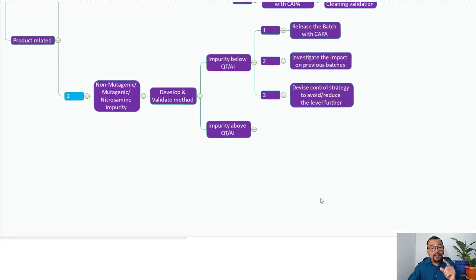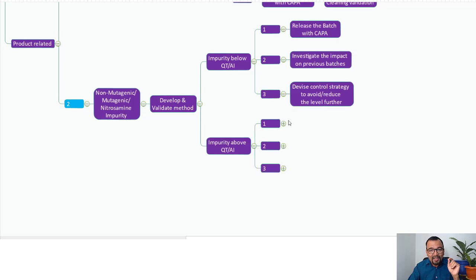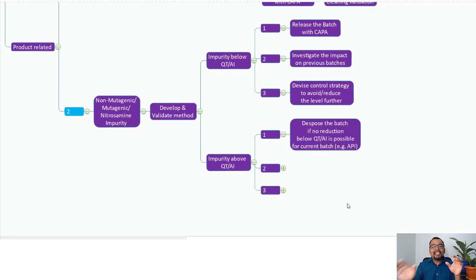So the next point is, if the impurity is above the qualification threshold given in the ICH guideline Q3A or Q3B, or if it is above the acceptable intake given in the guideline M7 or the guideline for nitrosamines, this is going to be a very tough situation, and you need to dispose the batch if no reduction below the qualification threshold or acceptable intake is possible for the current batch in case of API.